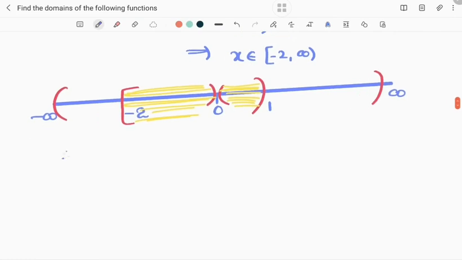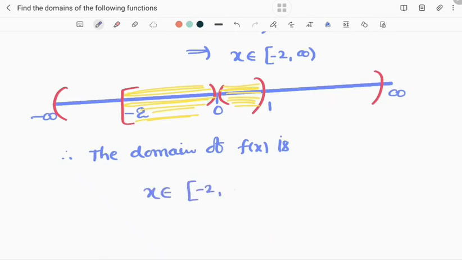Therefore, the domain of the function is x belongs to closed minus 2 to open 0 union open 0 to 1.